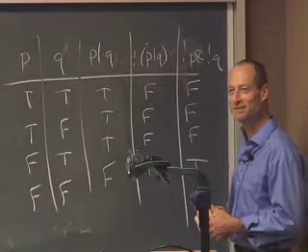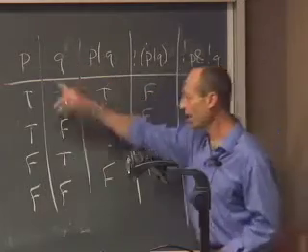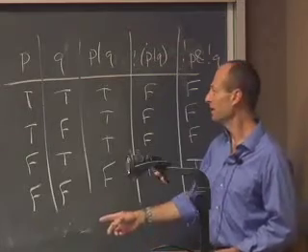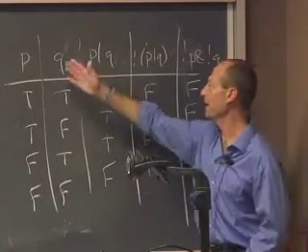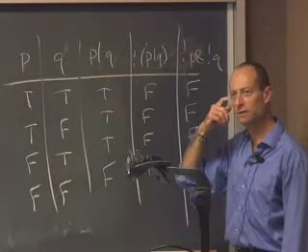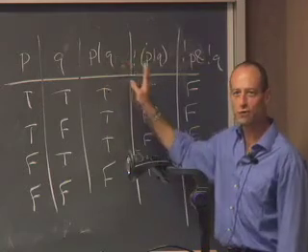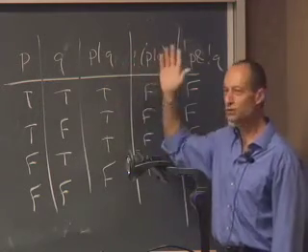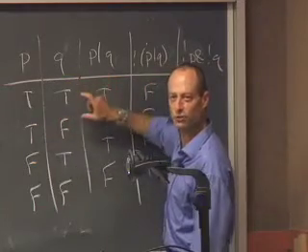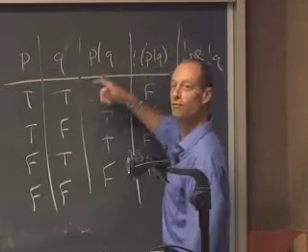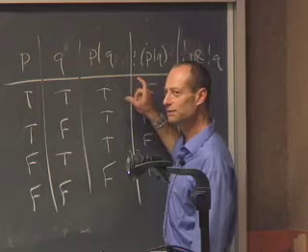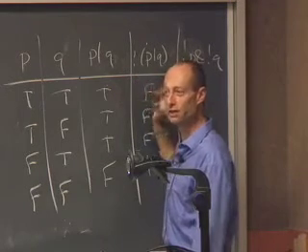Bigger number, something. Okay. So how many rows would there be in the table if we had P, Q, and R? We have all combinations of true and false for each variable, so there are two truth values for P. For each of those, we have two truth values for Q, and for each of those, two truth values for R. It's 2 times 2 times 2, the fundamental rule of counting.